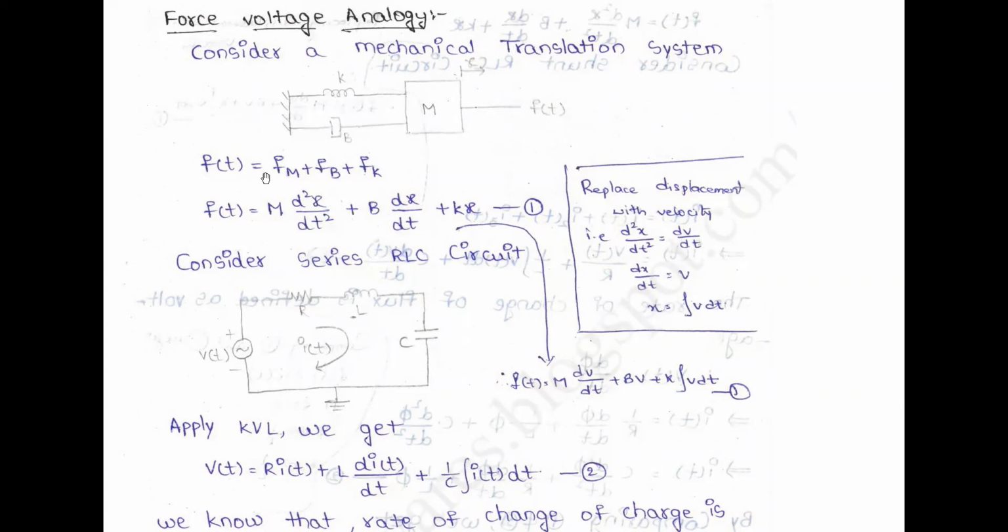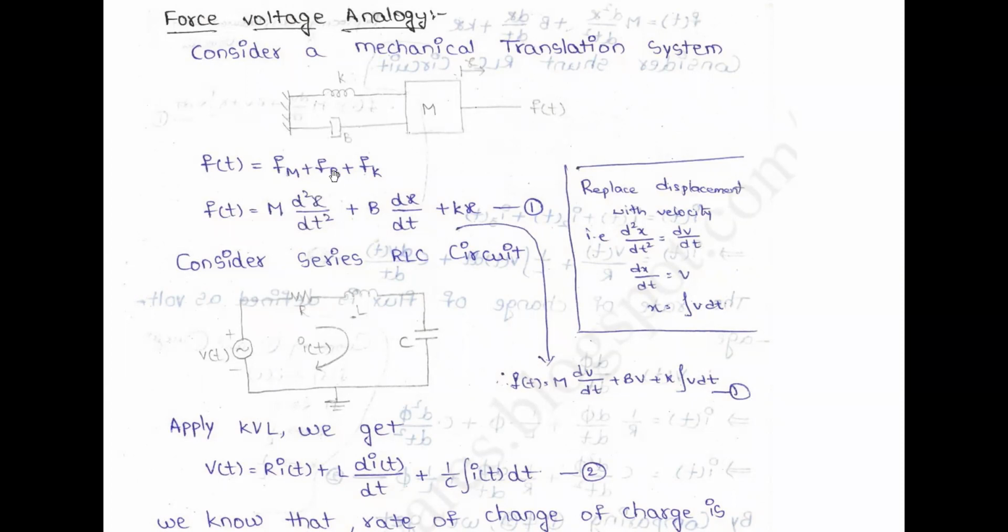F of t is equal to F of m plus F of b plus F of k. Of these 3 elements, the mass element opposing force is directly proportional to the acceleration of the body. Acceleration means 2 times differentiation of the displacement, so m into d square x by dt square.